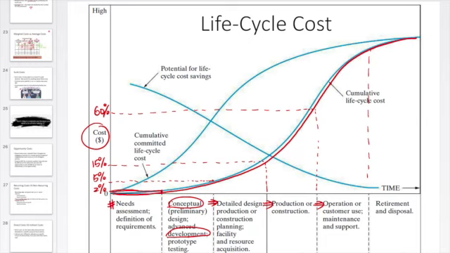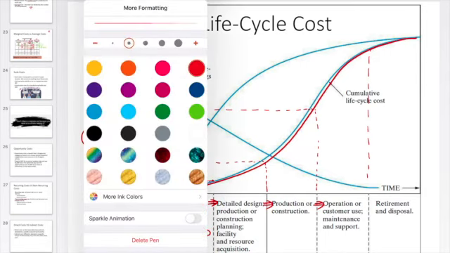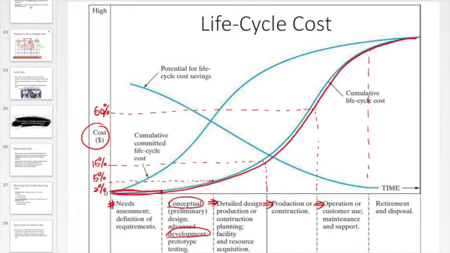So this line tells you at what time how much you spend. But another line, very important, is this: potential for life cycle cost savings. So that's to tell you how much you can save if you make a right decision at each stage.